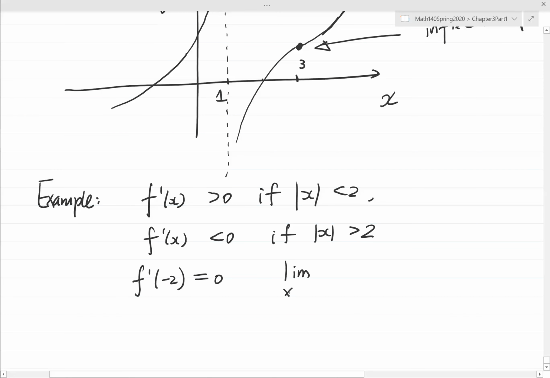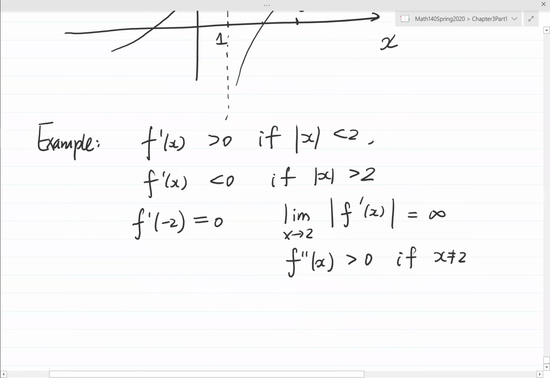The limit as x approaches 2 of f'(x) is actually infinity. So f' is positive if x is not equal to 2.